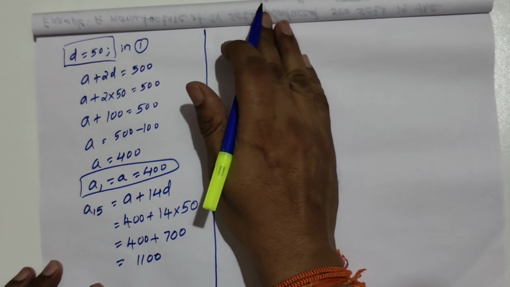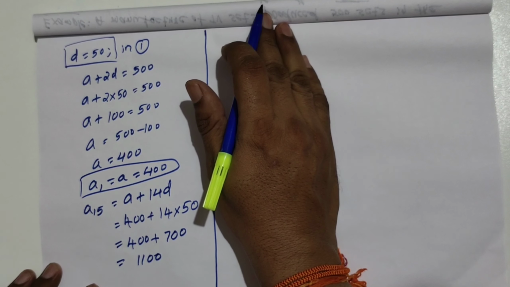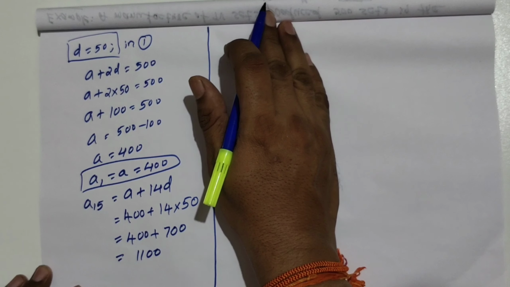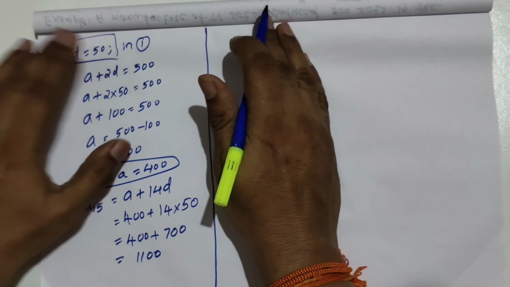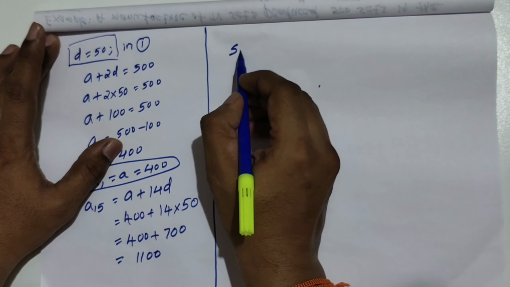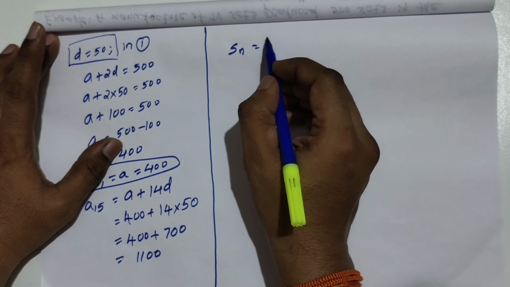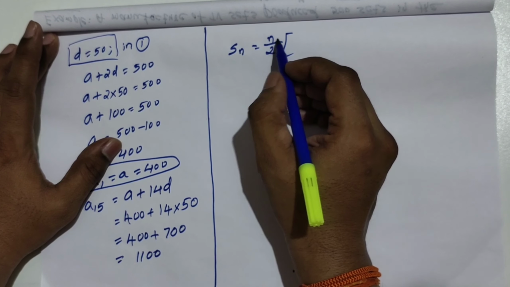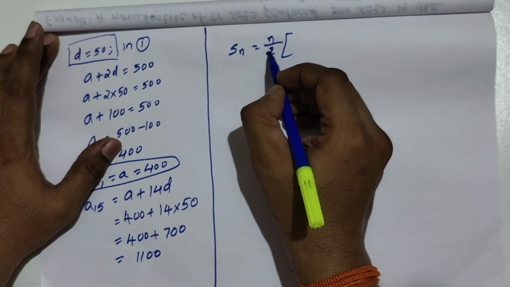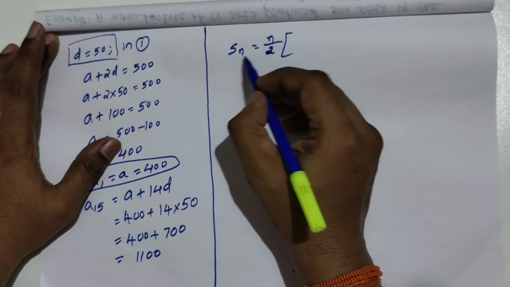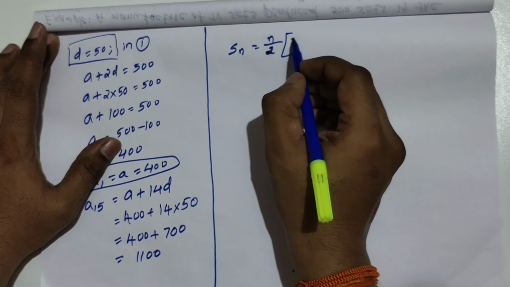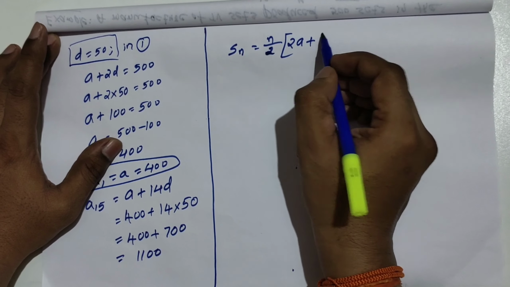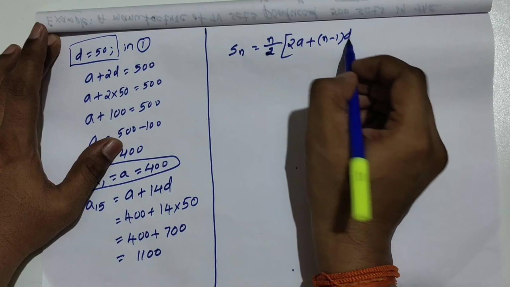Now on continuation we need to get the total production in 10 years. So for that we need the sum of the n terms. Just we solved that formula by taking the Gauss technique. So that Sn formula is n by 2 into (2a plus (n minus 1) d).